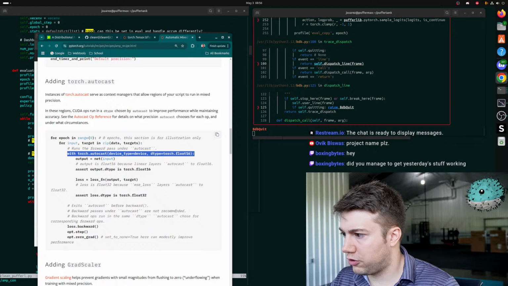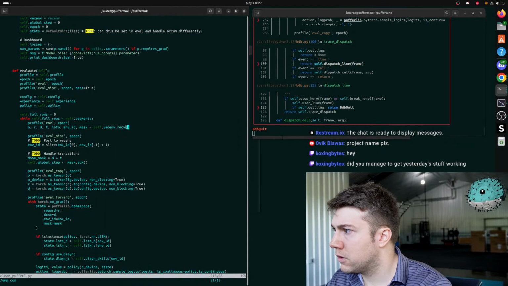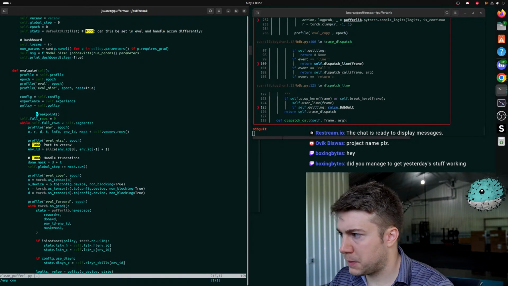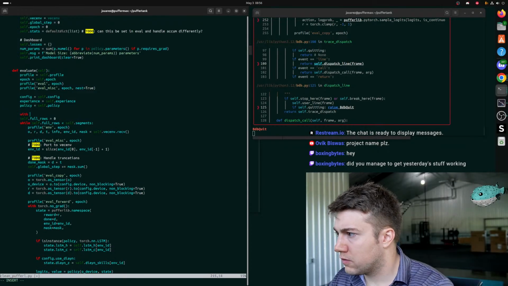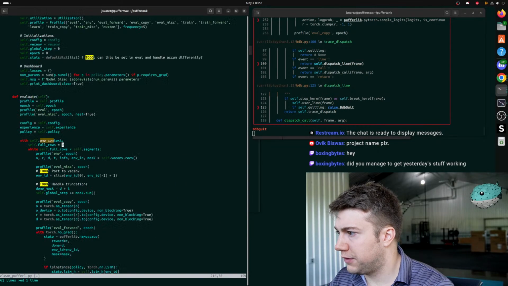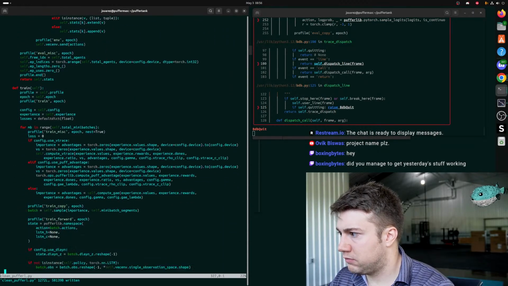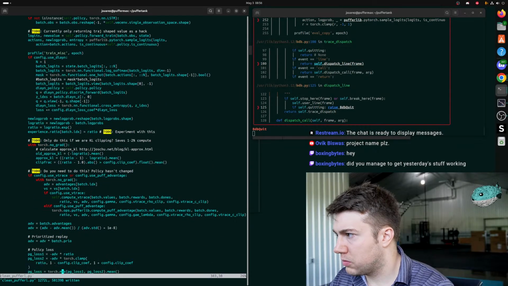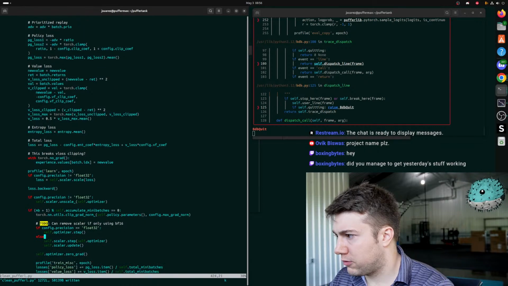Backward passes under autocast are not recommended. Okay. We're not going to leave it this way, obviously. The backward pass right here.